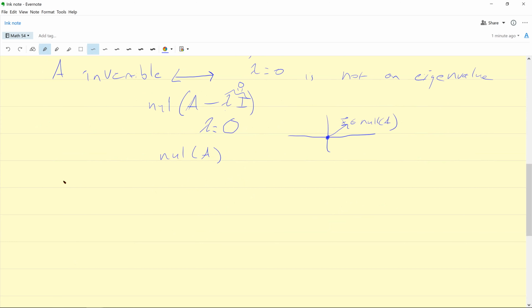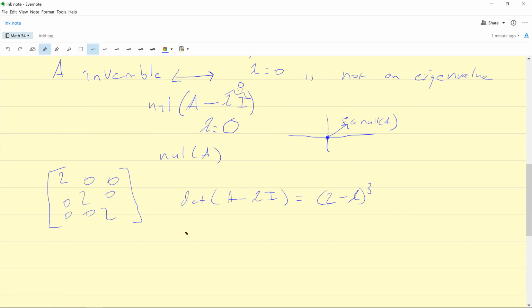If you take a matrix that's already diagonal, for example, with 2's along the diagonal, then the characteristic polynomial, det(A minus lambda I), is going to be (2 minus lambda) cubed. So you have this eigenvalue with multiplicity 3, but you only have one eigenvalue.